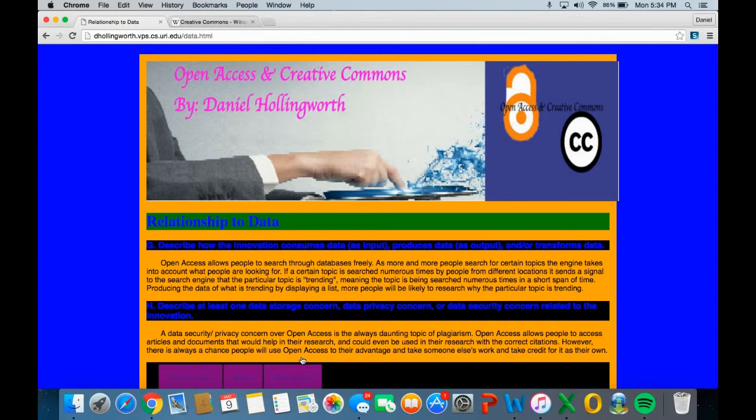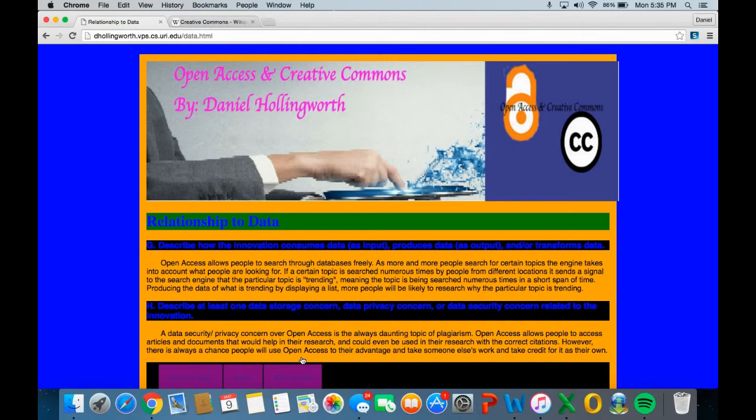Describe how the innovation consumes data as input, produces data, or transforms data. Open access allows people to search through databases freely. As more and more people search for certain topics, the engine takes into account what people are looking for. This means that the engine makes a generated list of what is trending. Trending is either on Twitter or it can be on Yahoo.